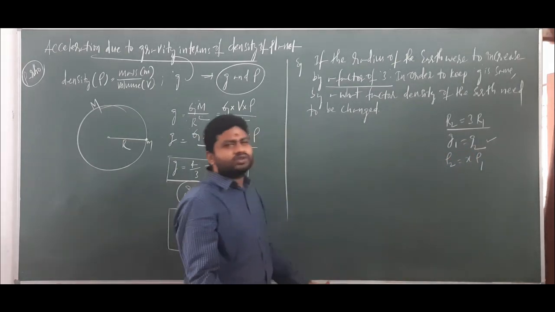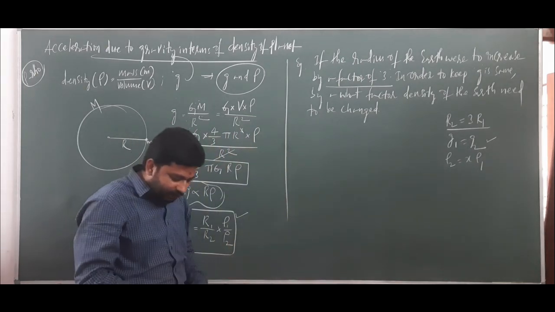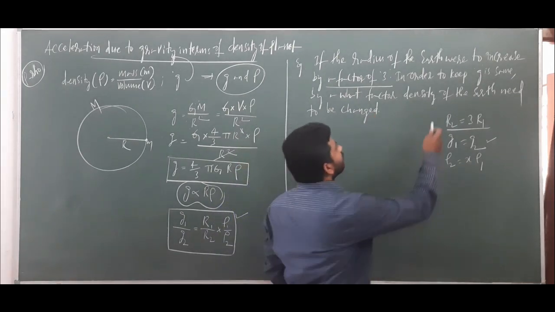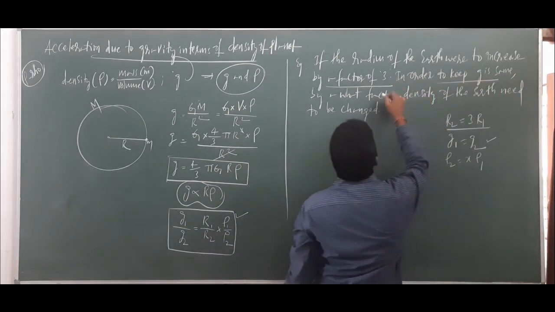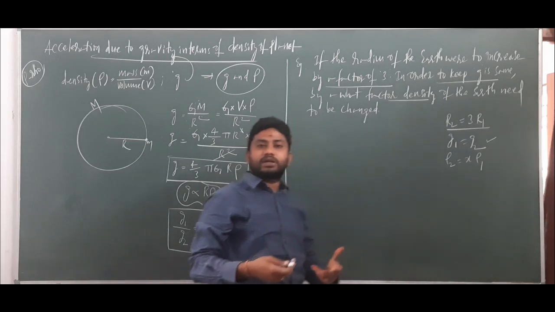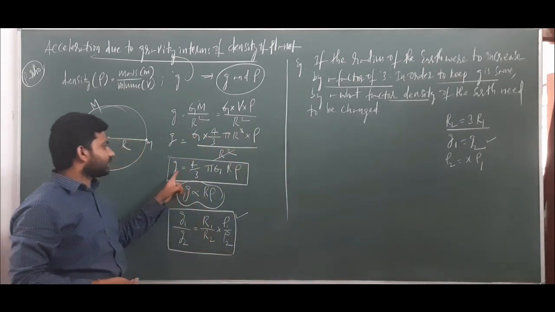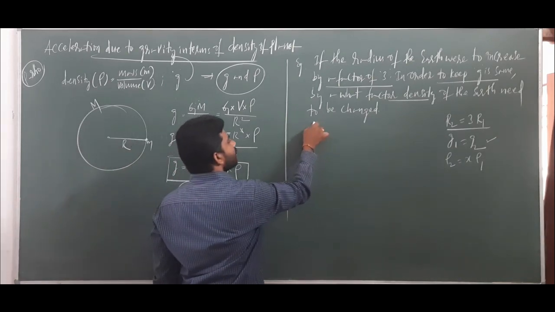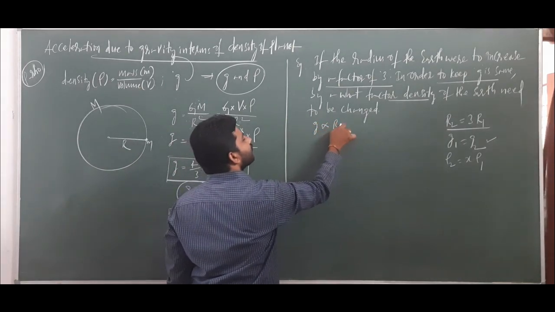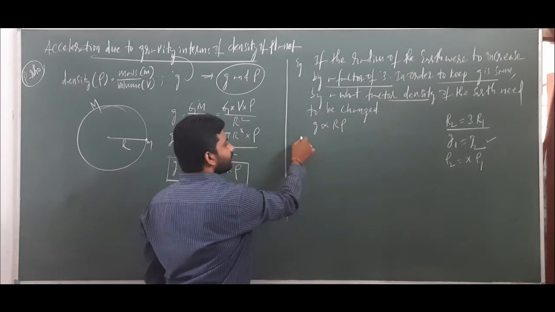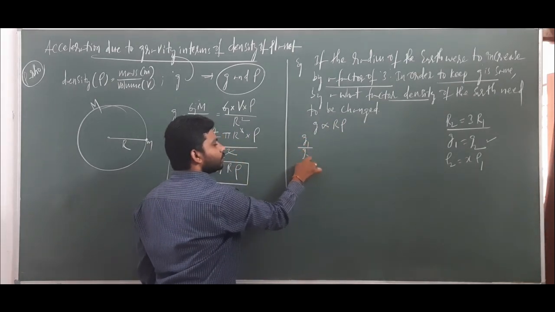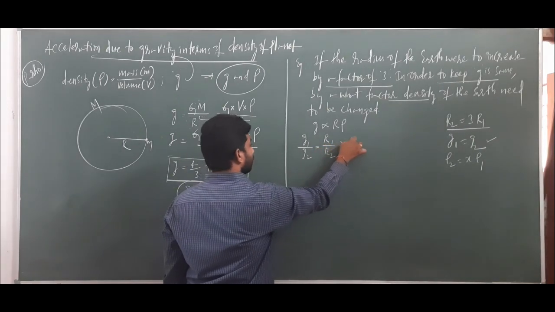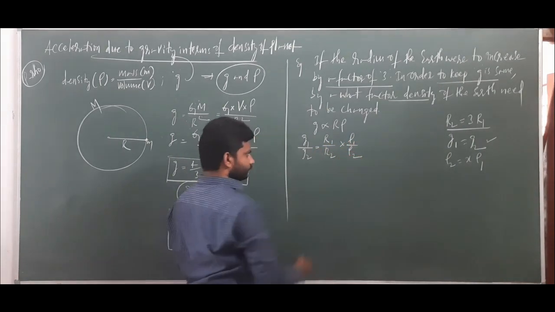That's the question. So simple. The question is related to acceleration due to gravity and density. Immediately you should remember the formula related to acceleration due to gravity and density. So g is directly proportional to r into rho. From here, g1 by g2 is equal to r1 by r2 into rho 1 by rho 2.